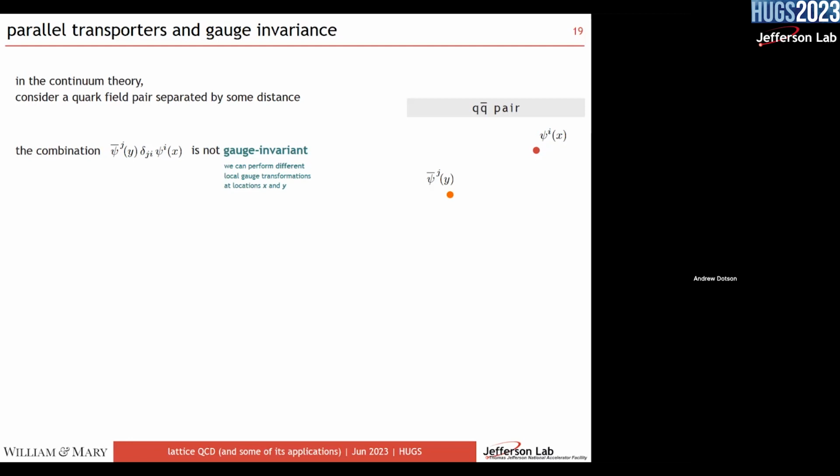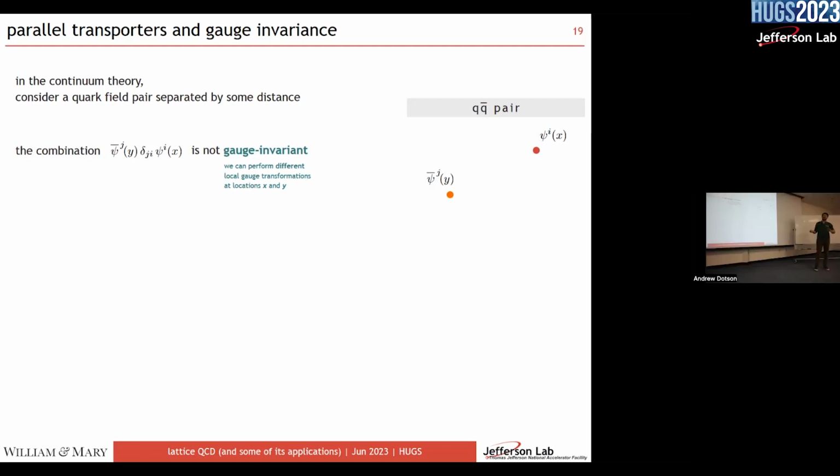So if you know what a gauge field theory is, the idea is you're allowed to do an independent gauge transformation at every point in space and time. And anything that changes its value when you do that is gauge non-invariant and generally bad, for some definition of bad.